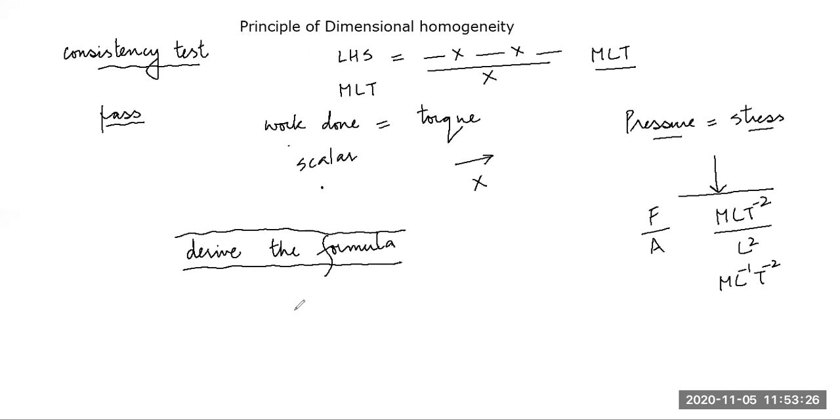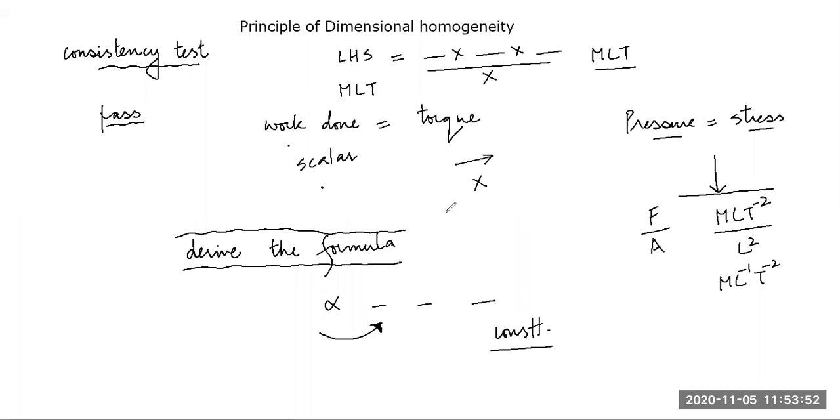If a scientist or a researcher feels that a given variable depends upon one, two, or three variables, this principle can really help us tell what the exact formula will be to 70, 80, 90% extent, because the researcher has to do the experiment to exactly find out the value of the constant, right?